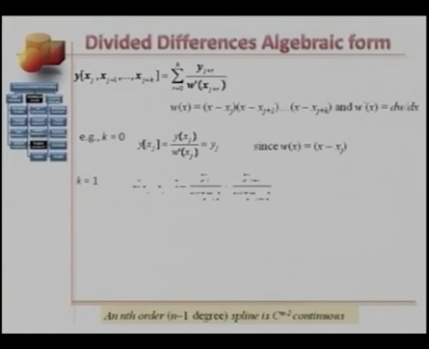For k equals 1, we have the first divided difference with base as xj, so y of xj, xj plus 1 equals, from this relation here, yj over w prime of xj plus y of xj plus 1 over w prime of xj plus 1. Here w of x equals x minus xj times x minus xj plus 1. So w prime, the first derivative, is equal to x minus xj plus 1 plus x minus xj.